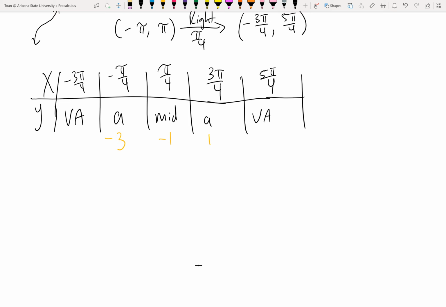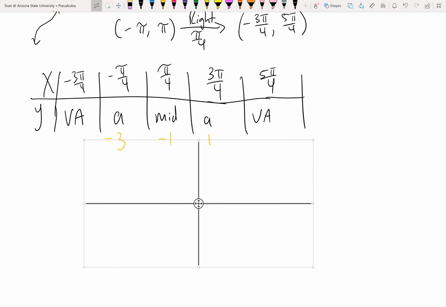So I'm going to make a pretty long, I'm running out of space here, x-axis, but whatever suits your purposes. And again, I'm not going to be too picky, but just try to make it somewhat reasonable. So π/4, 3π/4. I have a positive 1, a -1, -3.